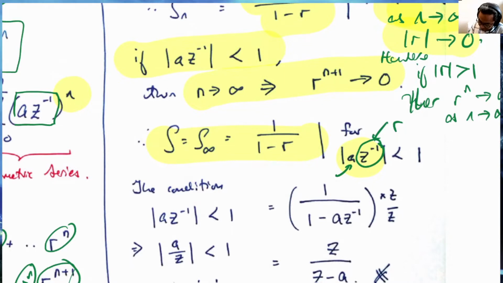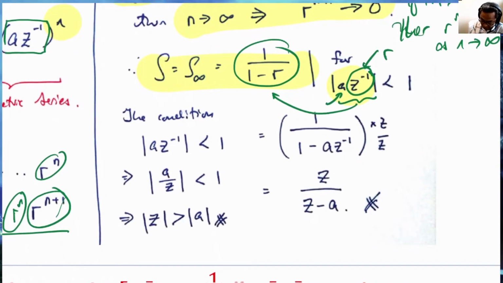So only when this term is less than 1 is the computation equal to this equation. Otherwise, it is not the correct answer. So we have now found out why this equation is the Z-transform of the sequence.